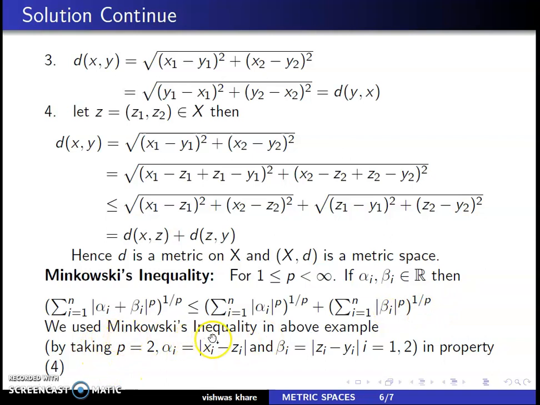We used this Minkowski inequality in the above example by taking p equal to 2, alpha i equal to modulus of xi minus zi and beta i equal to modulus of zi minus yi, where i is equal to 1 and 2, in property number 4.